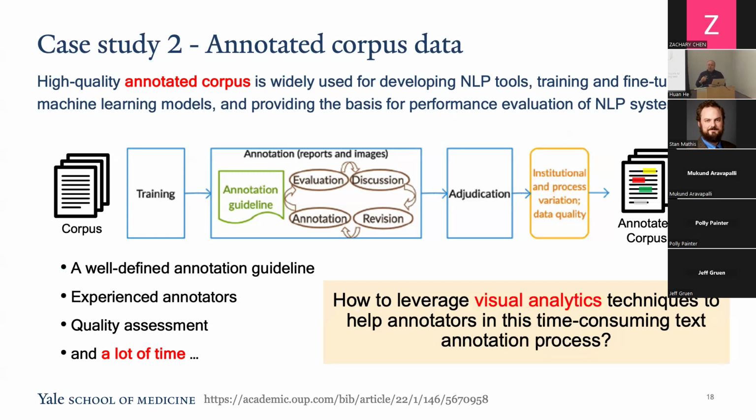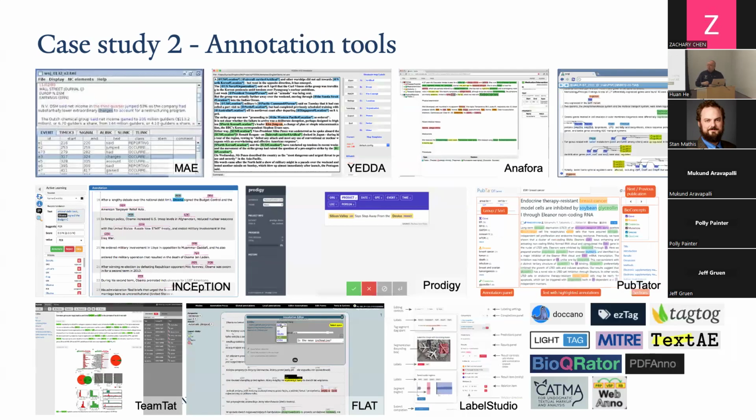Since it's an annotated corpus, first we need to check some annotation tools. In fact, there are so many annotation tools on the internet. Last time we did a review of the existing tools, and there are more than 100 annotation tools. A lot of them are open source, but some are closed source.